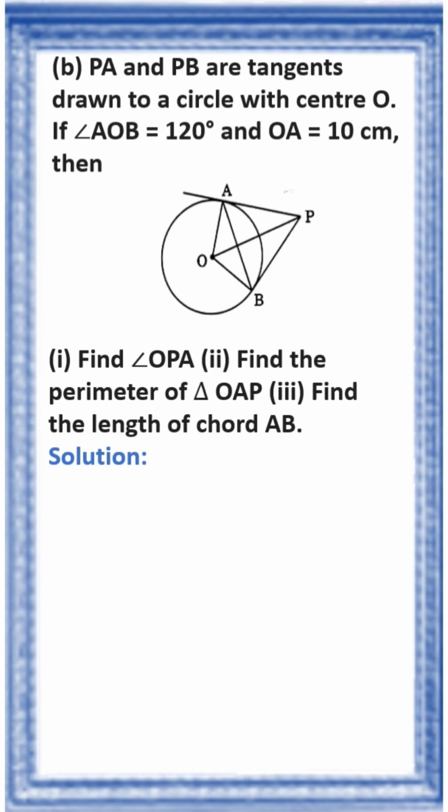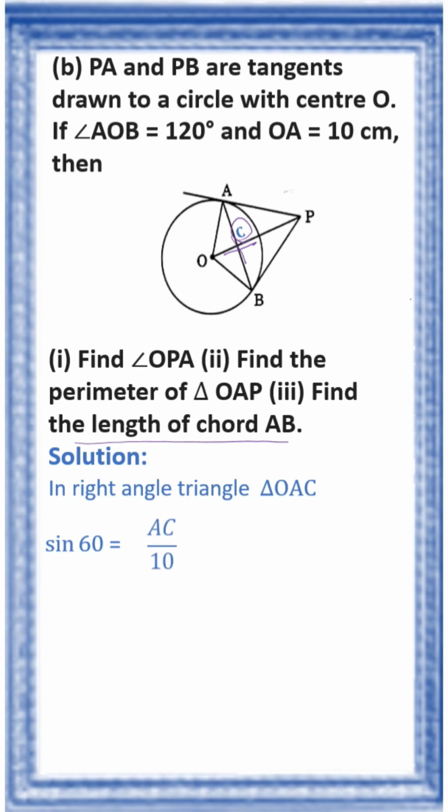Now let us find the length of the chord AB. Right angle triangle AOC, we have to select triangle OAC since the intersecting point, let it be C. This is the new point that we have created. Point is there, named it as C. Triangle OAC, we can find AC here. Sin 60 is AC by 10. This is 60. Sine ratio is opposite by hypotenuse. We have to find AC.